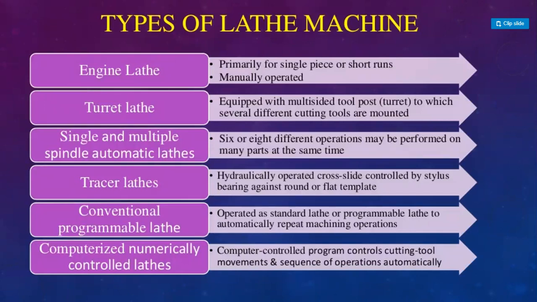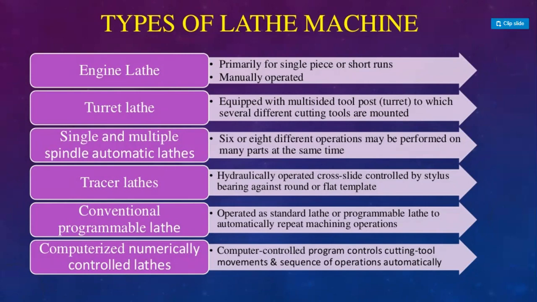Again, various types of lathe. In every slide it is written lathe machine, but in actual, I am repeating again, a lathe is not a machine. This is called a machine tool. So the types are engine lathe, turret lathe, single and multiple spindle, automatic lathes, tracer lathes, conventional programming lathe, and computerized numerical control lathes, that means the CNC lathe.